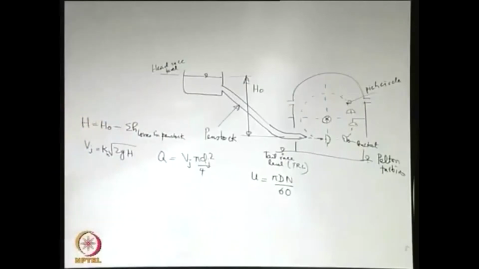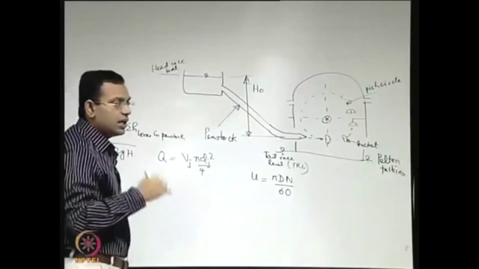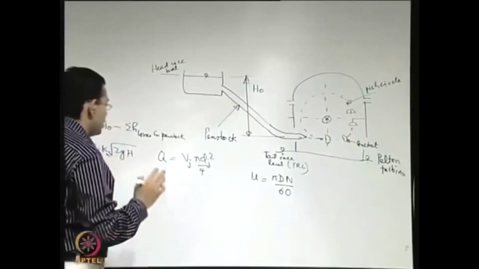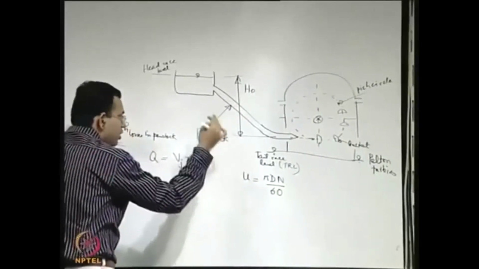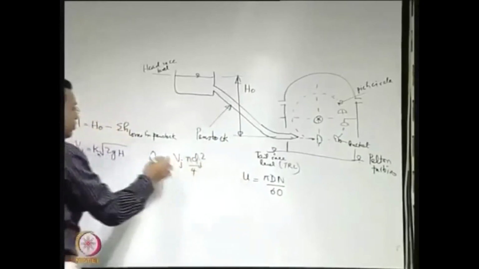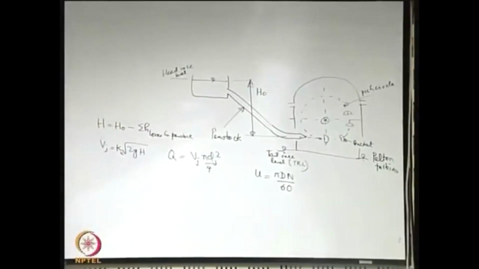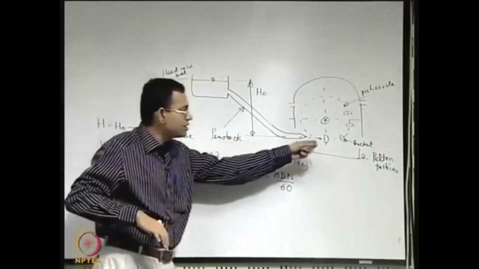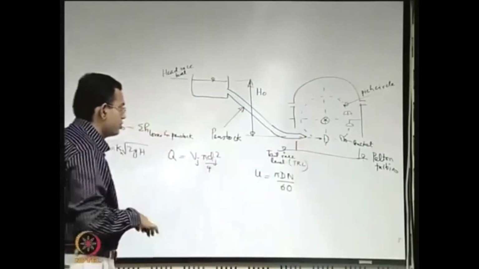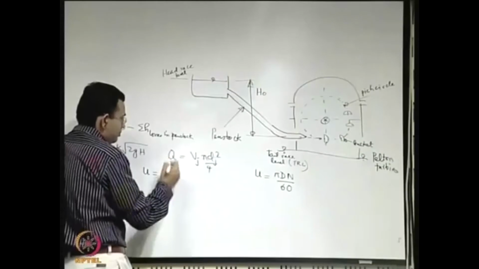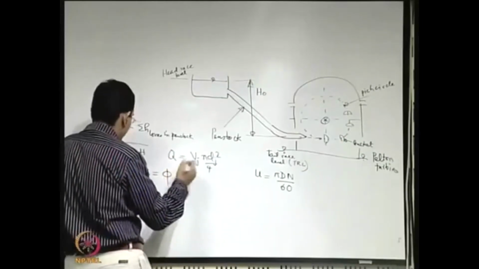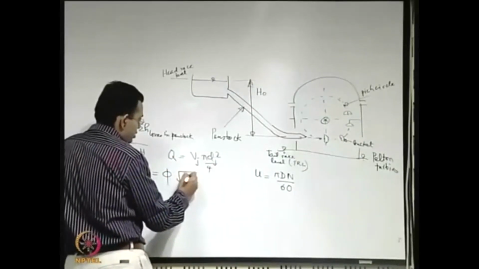So, this is related to the head with a particular efficiency, because there is a relationship between an optimum value of this u and the optimum value of the v at which the fluid is falling on the bucket. So, typically u is some parameter phi into root 2 gH.